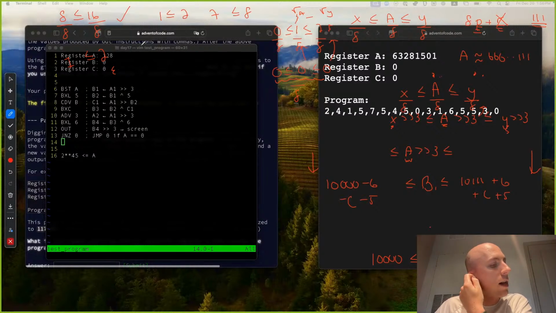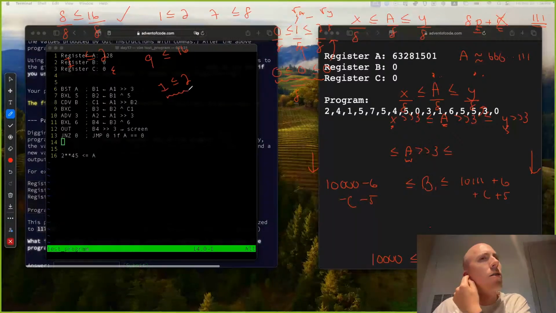But the second you start having remainders, if you have like 9 is less than or equal to 16, then now you just have this divided by 8. You have 1 is less than or equal to 2, and the ratio between these two is different.